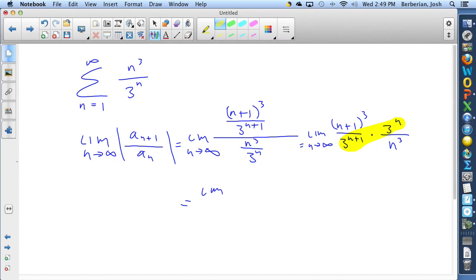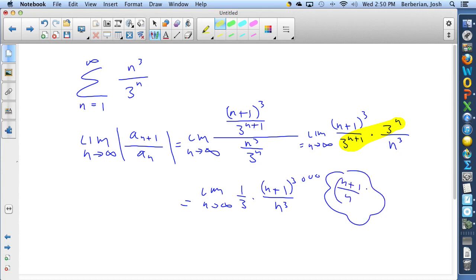So I'm left with 1/3 times n plus 1 to the 3rd over n to the 3rd. But I can write that as n plus 1 over n, the whole thing cubed.